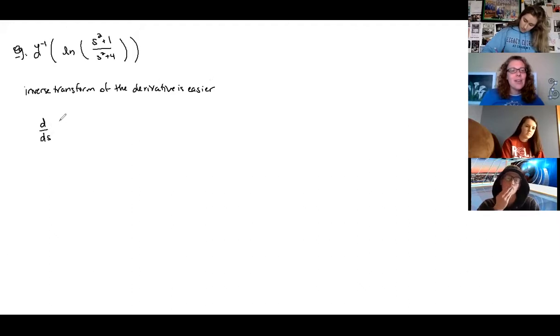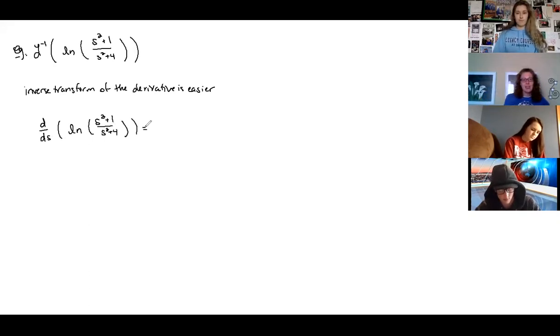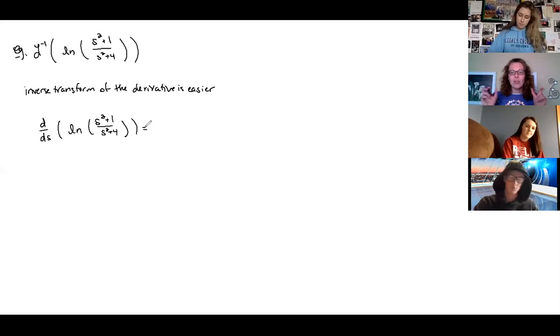I need a derivative of natural log of s squared plus 1 over s squared plus 4. That is the derivative that I am looking to find in this case. Properties of logs first, before we do the derivative. When you are dividing, you are allowed to pull apart and subtract.